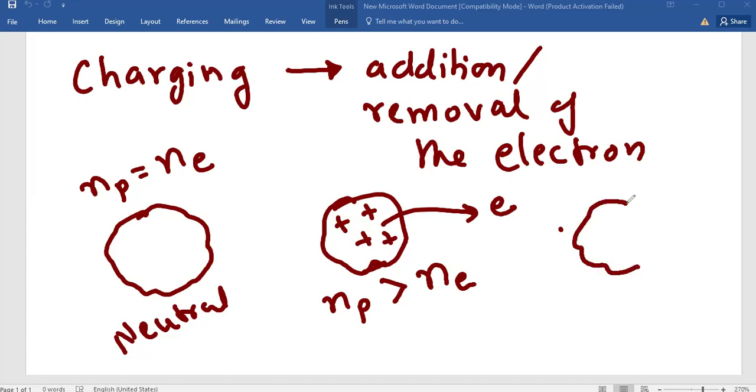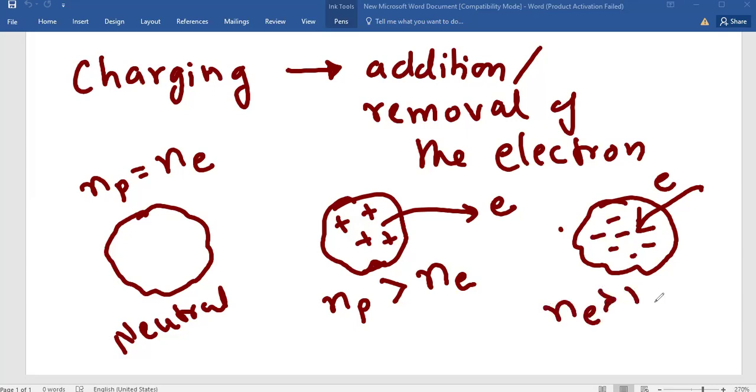And the opposite: if we give some extra electrons from outside, then it will become a negatively charged body, because the number of electrons will be more than the number of protons.